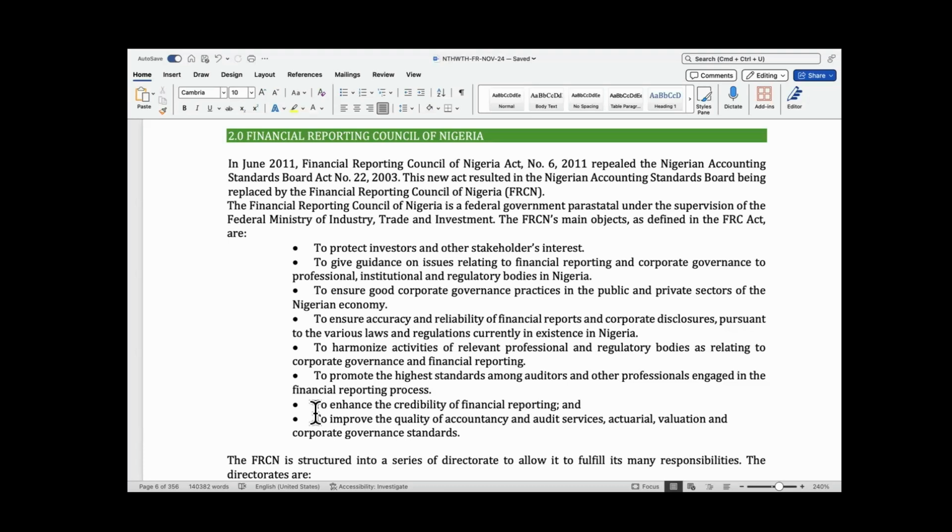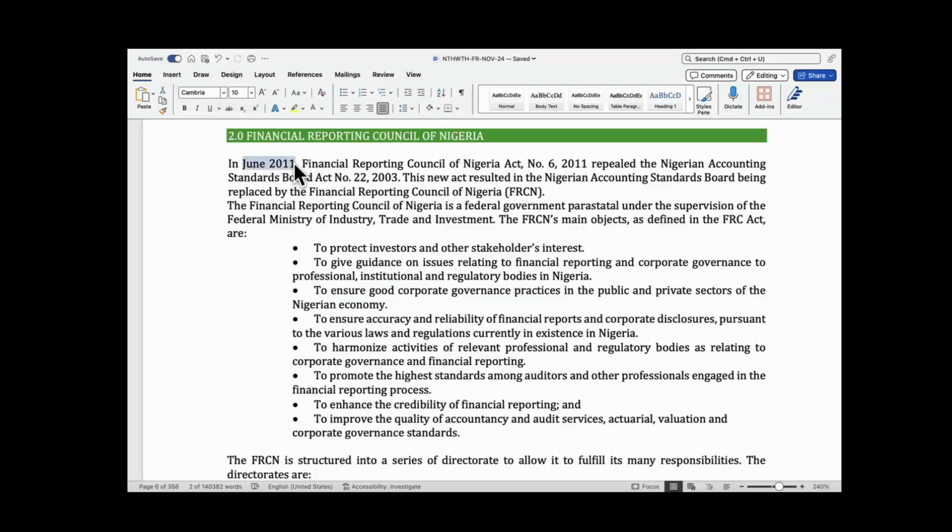Who are the regulators? In Nigeria, the regulatory body that is in charge of accounting standards is called the Financial Reporting Council of Nigeria. This Financial Reporting Council of Nigeria was enacted in June 2011.